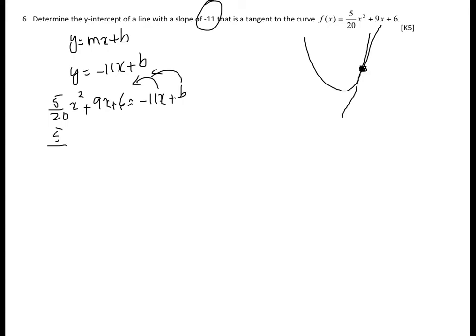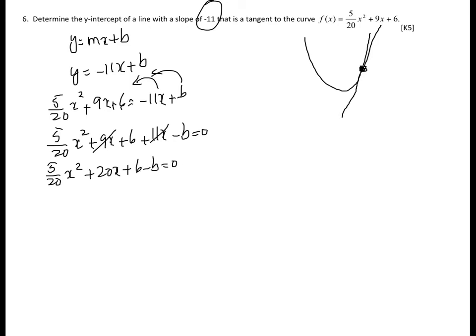I get 5 over 20 x squared plus 9x plus 6 plus 11x minus b is equal to 0. I group them together. I get 5 over 20 x squared, 9x plus 11x is 20x, plus 6 minus b is equal to 0.